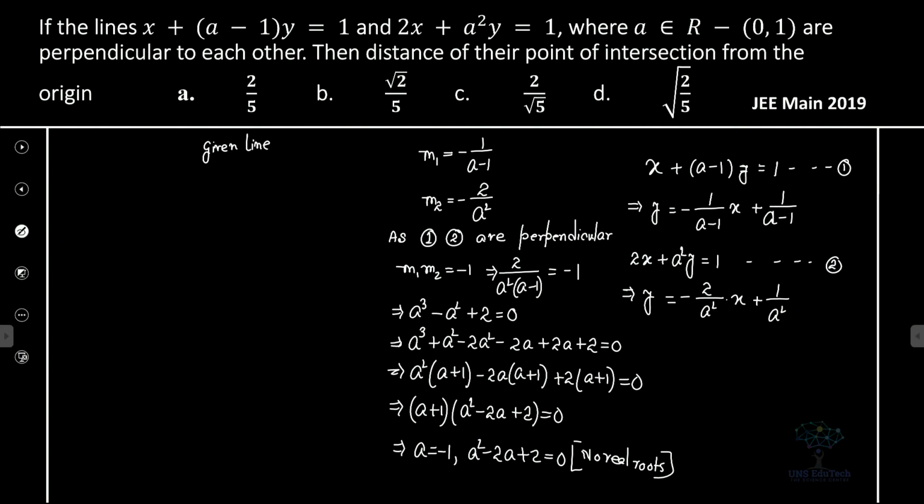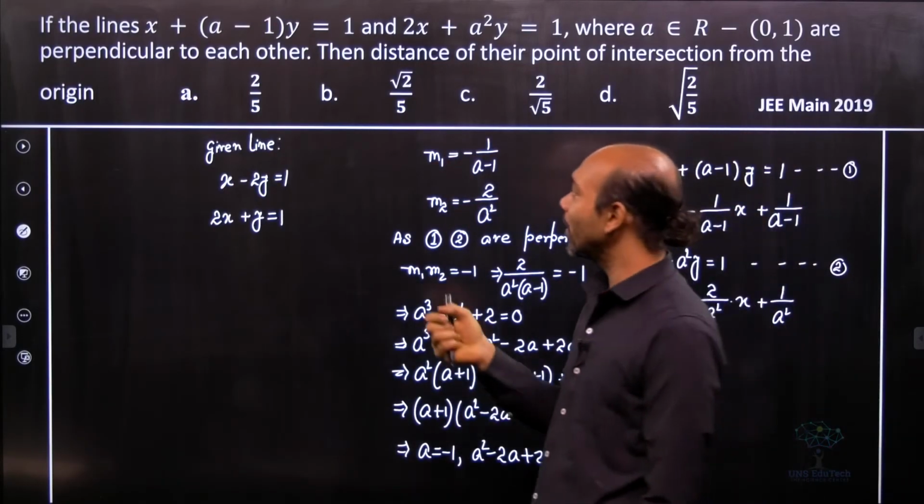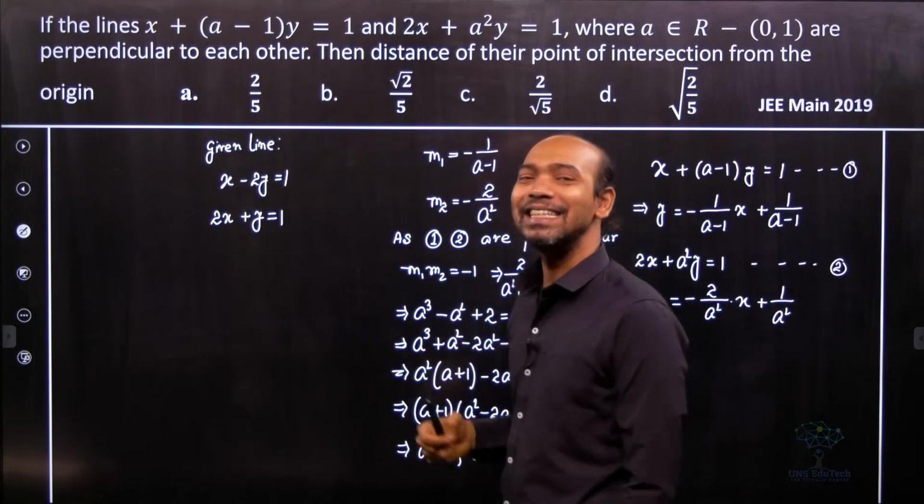So what are the given lines in my case? It will be x minus 2y equal to 1, and if I substitute here, 2x plus y equal to 1. So we get two equations. Whenever we get two equations, we are trying to find the distance of the intersection point.